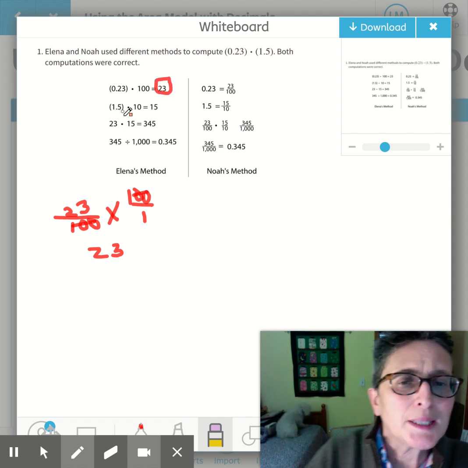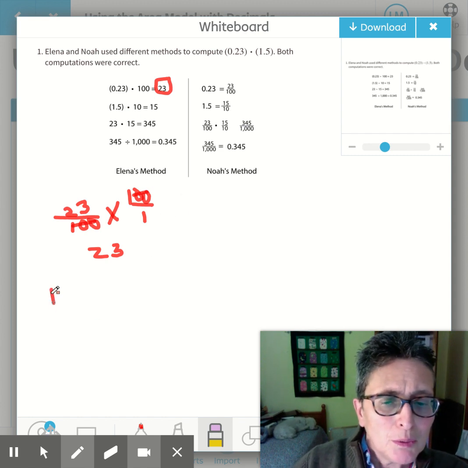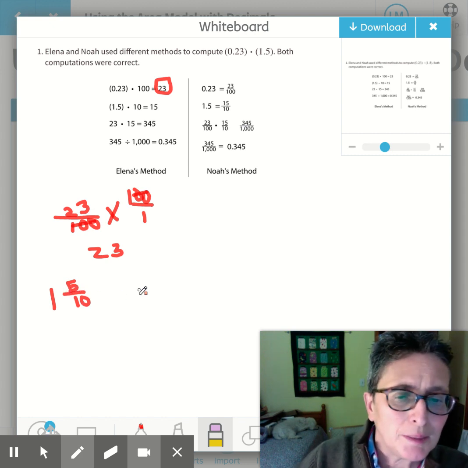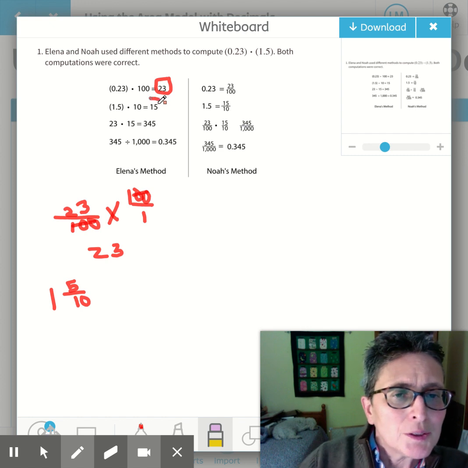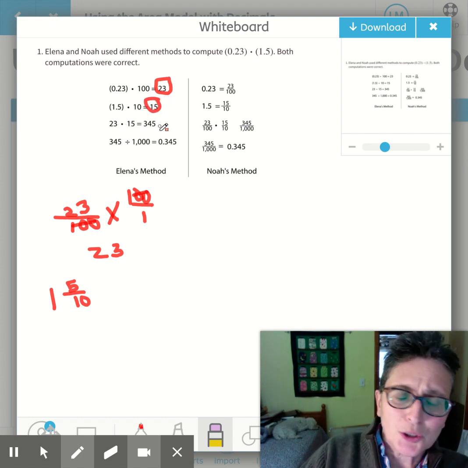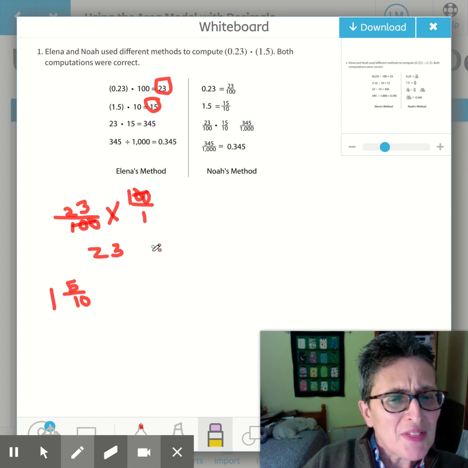Then she does the same thing with 1.5, because it was 1 5/10. She multiplied her fraction by 10 and got a 5, which plus the 10 is 15. So then at the end, she multiplies because she likes her whole numbers, but then she divides by 1,000.